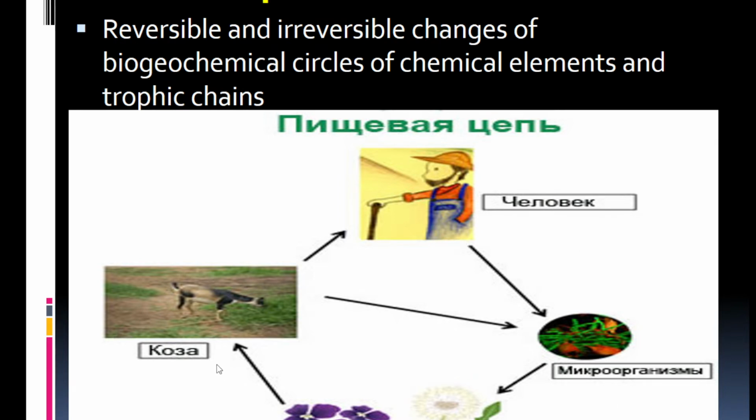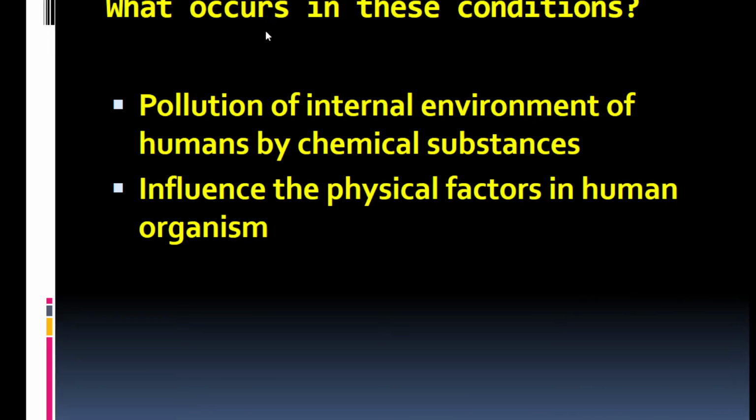So chemical pollution of all these components of the biogeochemical circle affects the organism of humans, and the chemical elements which circulate along this circle come finally to the human body. What occurs in these conditions?